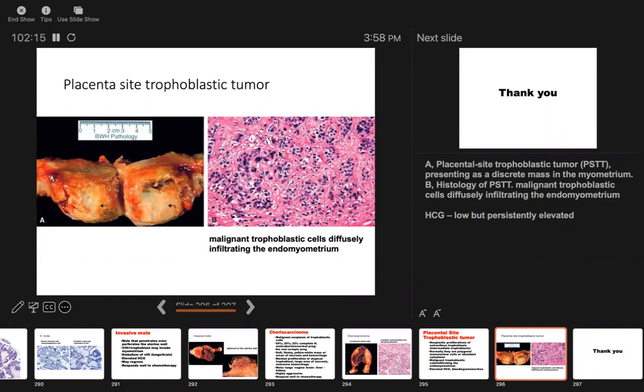They usually present as a uterine mass, usually accompanied by abnormal uterine bleeding or amenorrhea. And again, HCG levels are expected to be elevated. It may follow a normal pregnancy, a spontaneous abortion, or even a molar pregnancy. So these are examples of, again, placental site trophoblastic tumor.